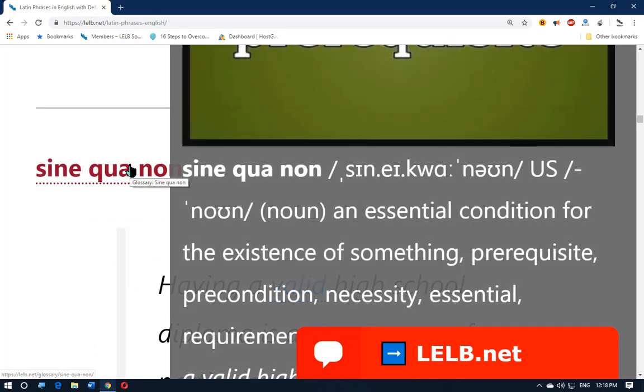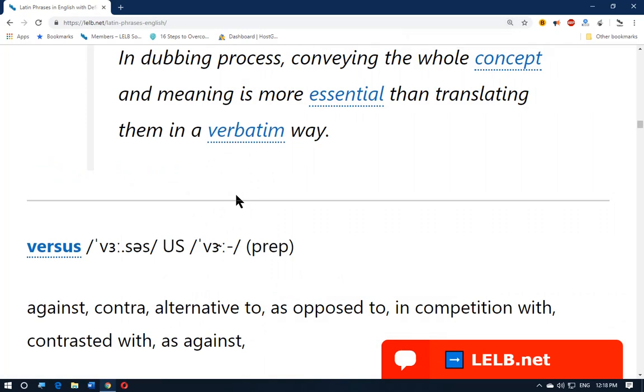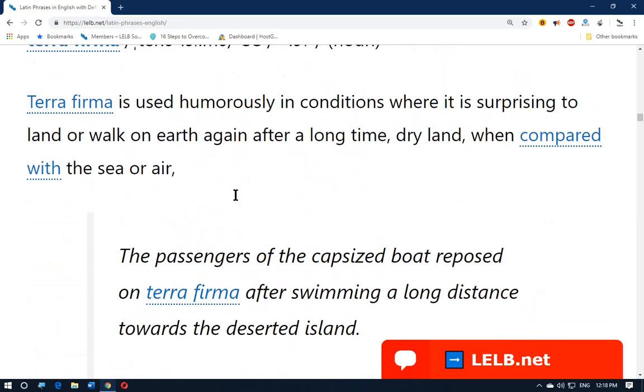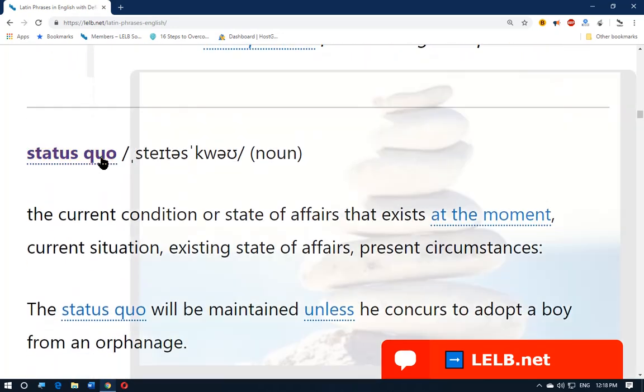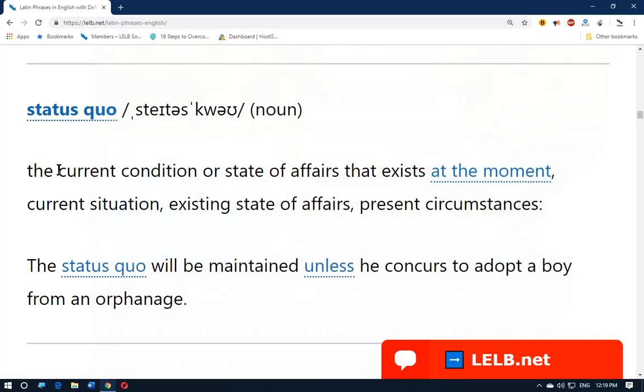And the next one is sine qua non. Sine qua non means the condition or state of affairs that currently exists. Everything that actually exists or happens at the same time, and it is based on reality.